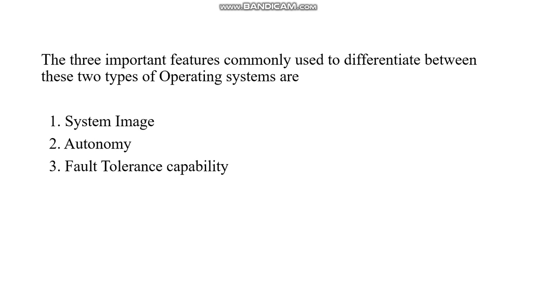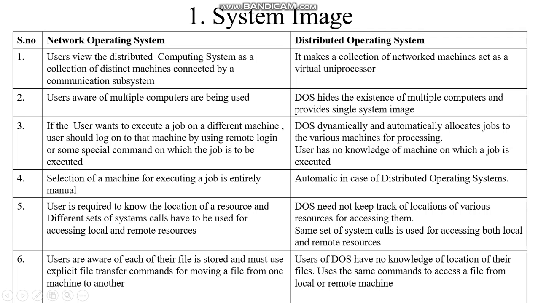The three features that differentiate these two types are: the system image, the autonomy, and the fault tolerance capability. We are going to discuss how these capabilities differ between the two.